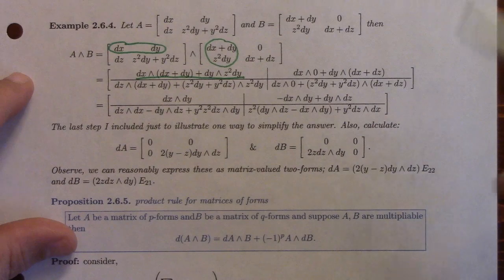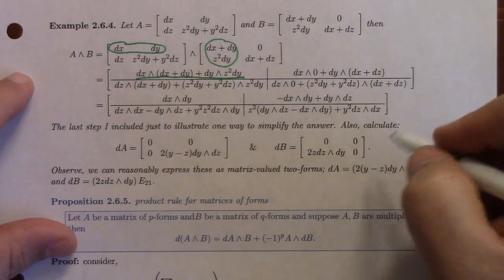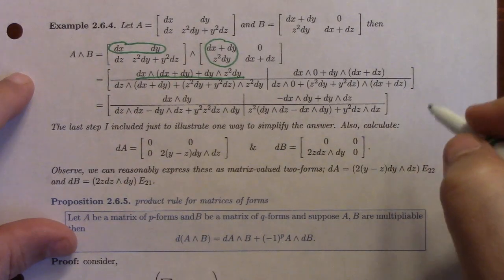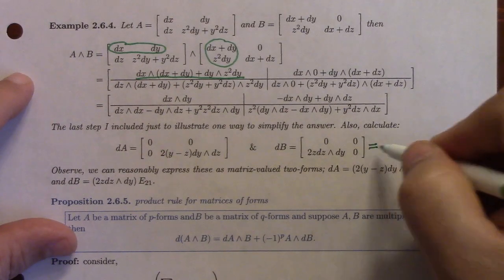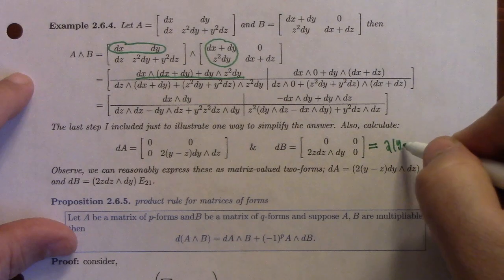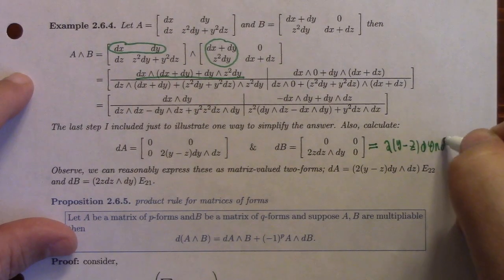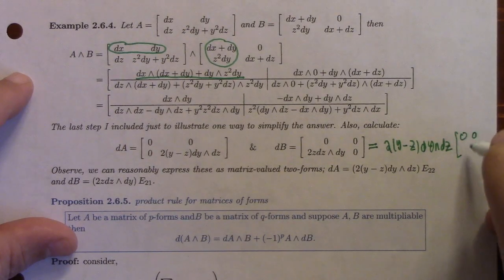Notationally, you could also write these as a matrix of two forms, or as a two form times a matrix. You can go either way. We could reasonably write this as 2 times y minus z, dy wedge dz, times the matrix 0, 0, 2, 2.